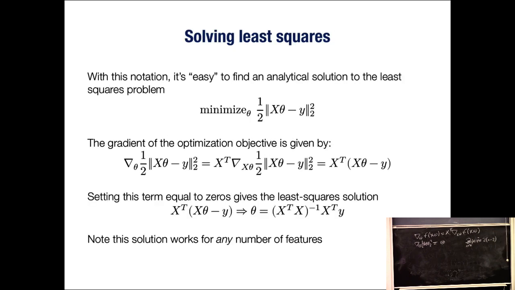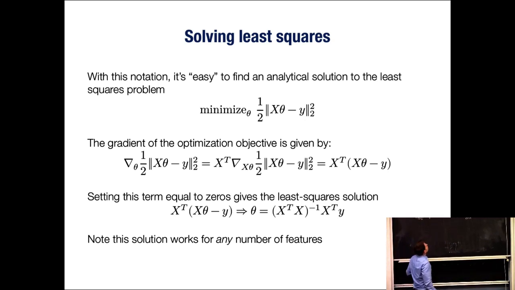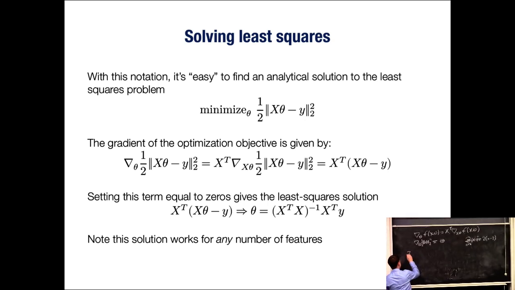Okay, so now we have everything we need to solve least squares. So I'm trying to solve that problem up there. I'm going to take the gradient of that function way up at the top. Everyone see that one still? It's just our 2 norm term. So we want to find the gradient with respect to theta of 1/2 the norm of x theta minus y squared.